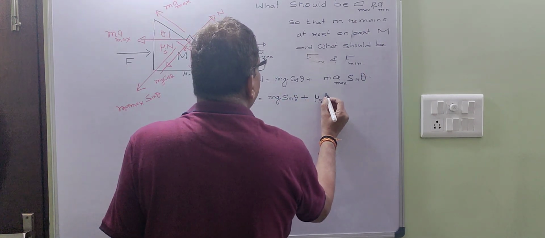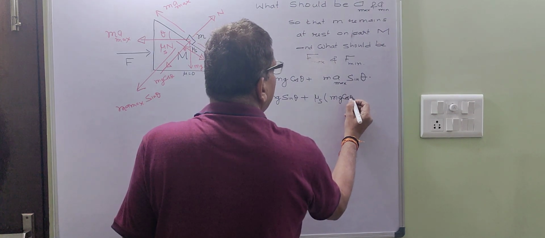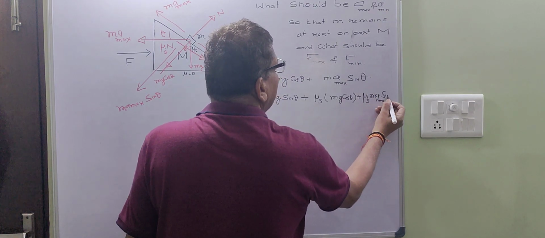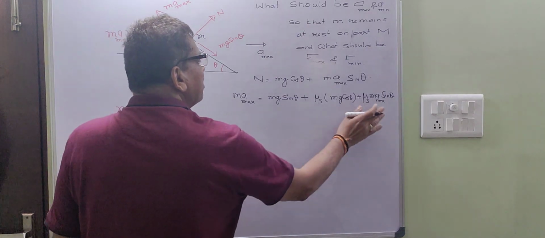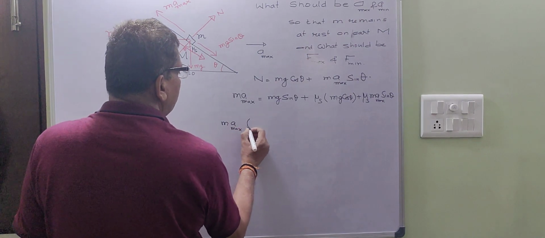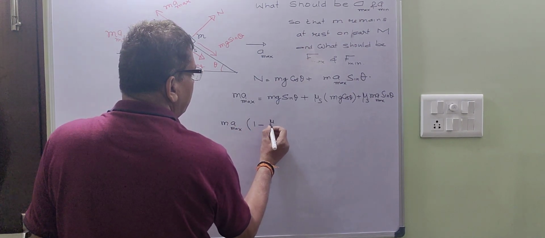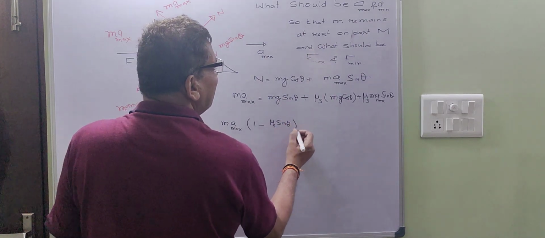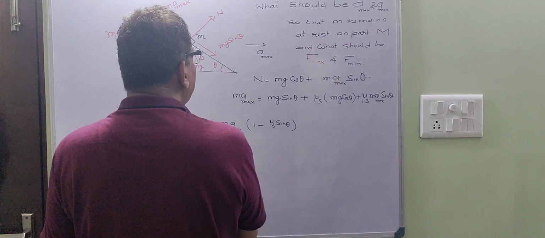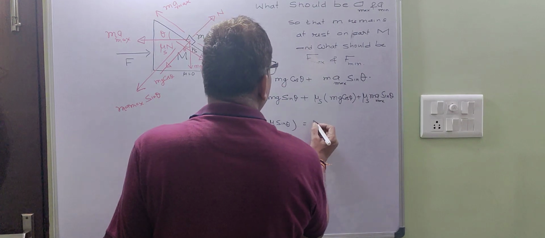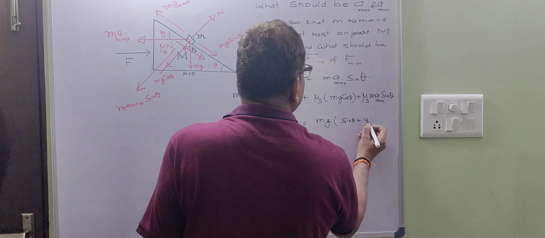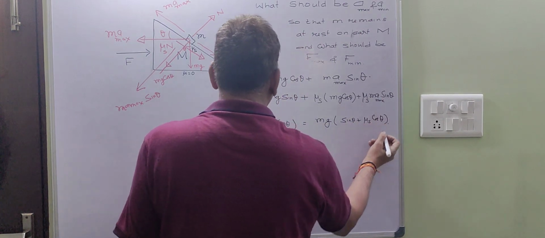So mu s times the normal reaction is nothing but mu s times (mg cos theta plus m a max sin theta). Is it? Now I can take the a max terms together. I can write m a max times (1 minus mu s sin theta), since when I take it on this side, m a max is common, and here also I can take mg as common, (sin theta plus mu s cos theta). Is it clear?